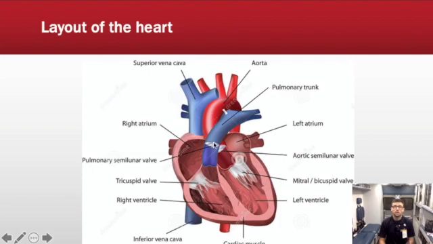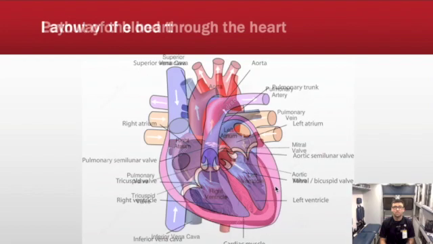We have the pulmonary trunk, the right atrium, the left atrium, the right ventricle, the left ventricle, the tricuspid valve, the bicuspid valve, the pulmonary semilunar valve, and the aortic semilunar valve right here. The inferior vena cava is down at the bottom, as well as cardiac muscle, which makes up the entire heart.